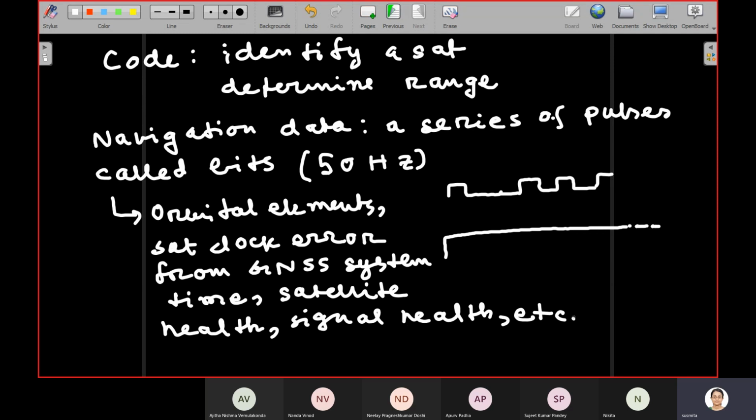So when it does that matching, that alignment, it can actually access the navigation data. So without matching the code with the incoming code, it is not possible to access the navigation data. Okay. So you can think of the code as a key to the navigation data.